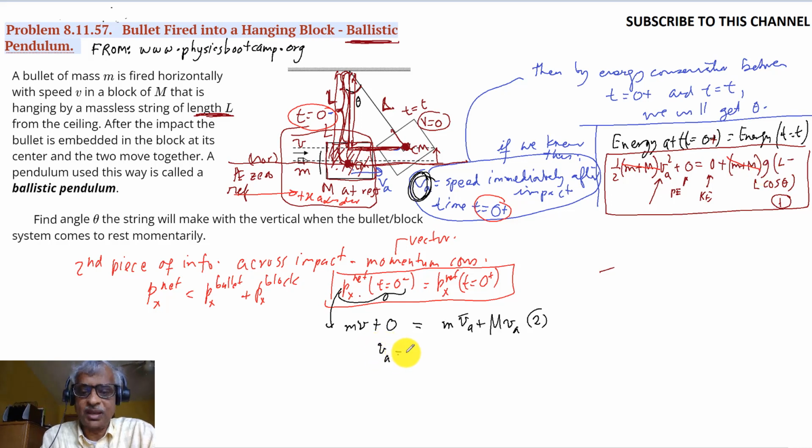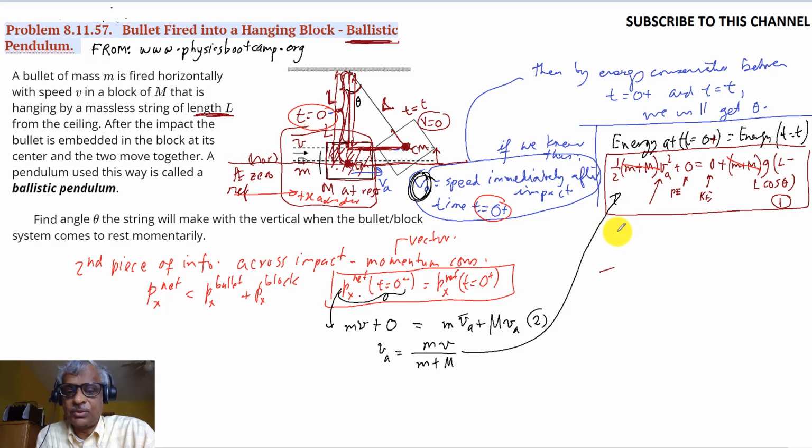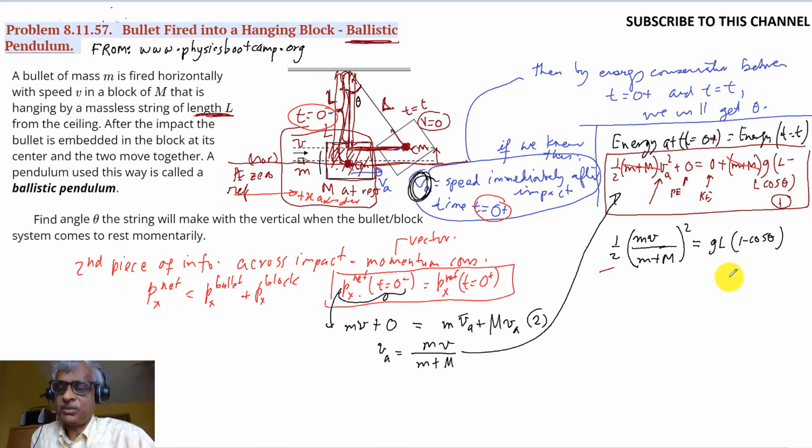So V_A is going to be m over m plus M times v, and plug in there. So I get half mv over m plus M, squared, is equal to gL(1 minus cosine theta). So now I'm going to solve for theta. It's very easy now.